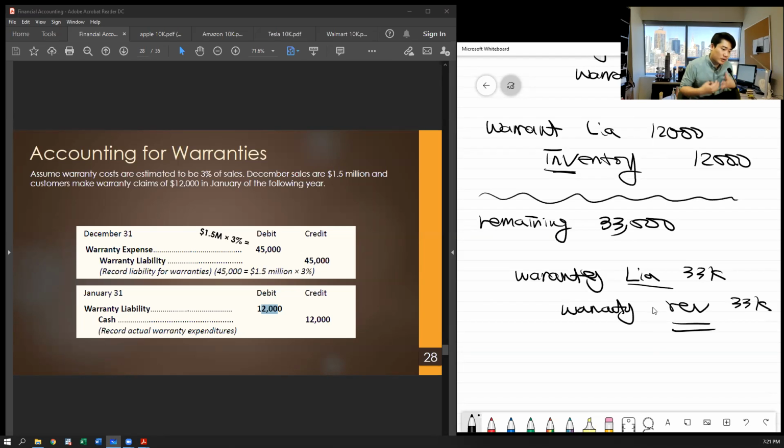There are no more obligations to be provided for the customers. So once you fulfill all the obligations, you can basically report a revenue related to the warranty. It's similar to deferred revenue. When do you account for warranty revenue? At the point of the expiration of the warranty.